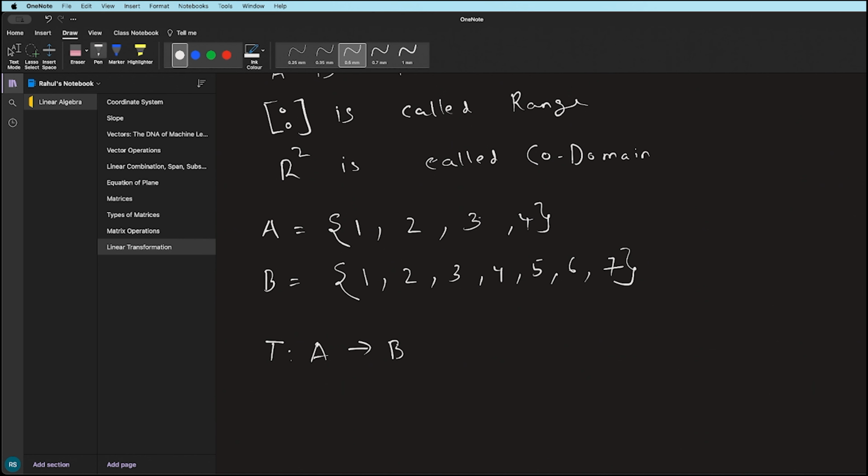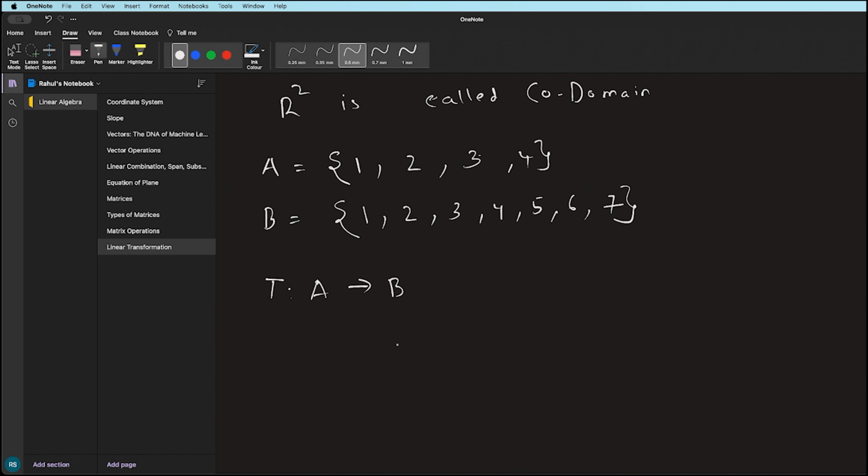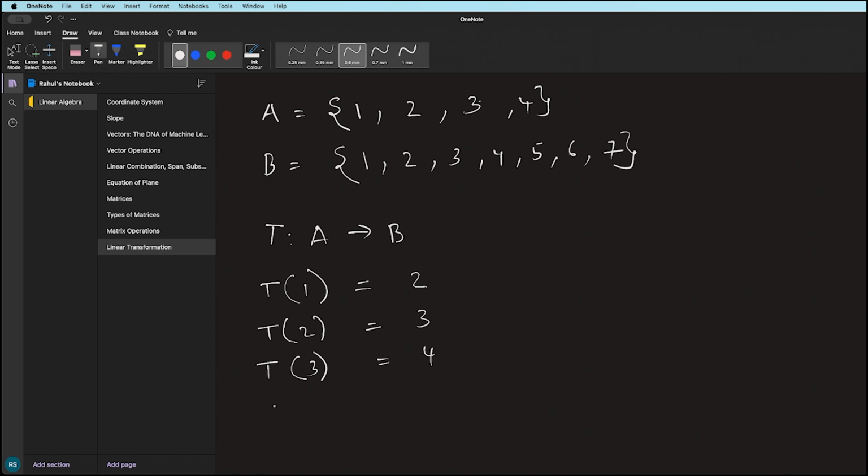But suppose I give the input elements: T of 1 maps to the element 2, T of 2 maps to element 3, T of 3 maps to element 4, and T of 4 maps to element 5.